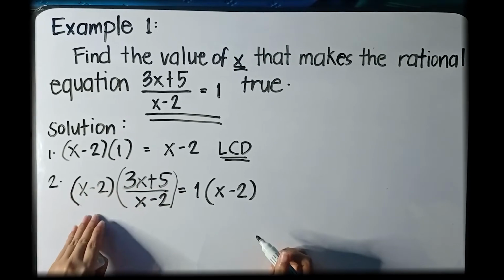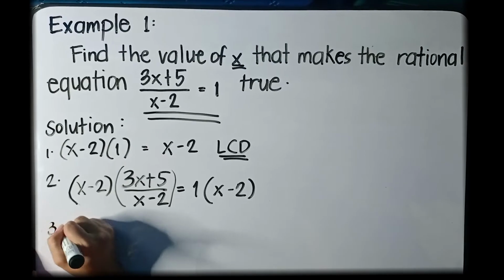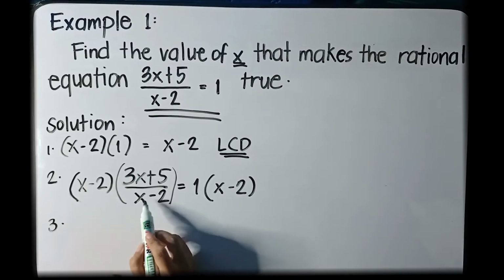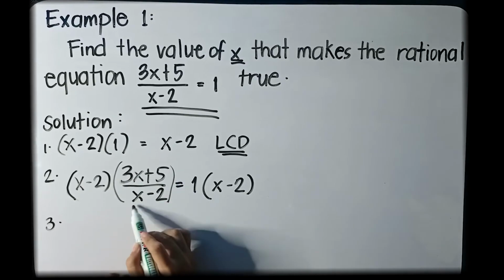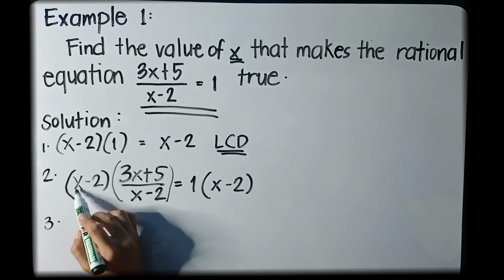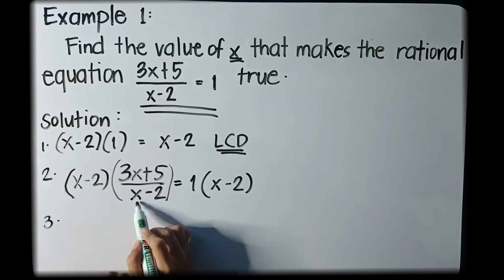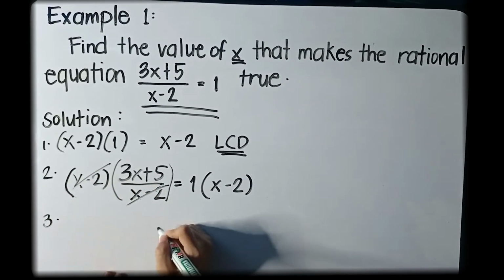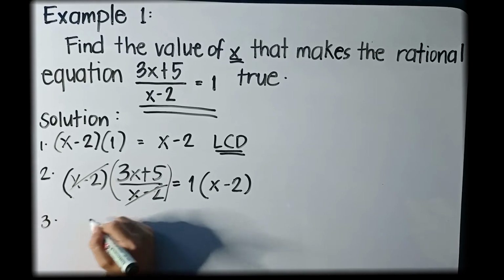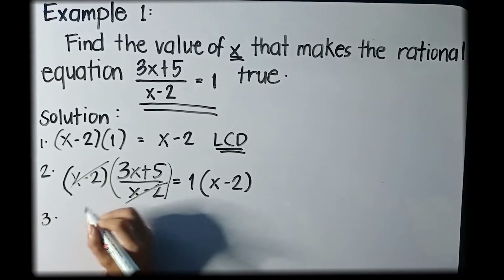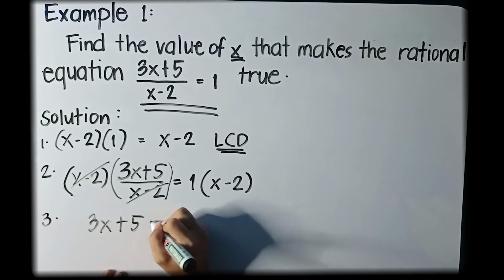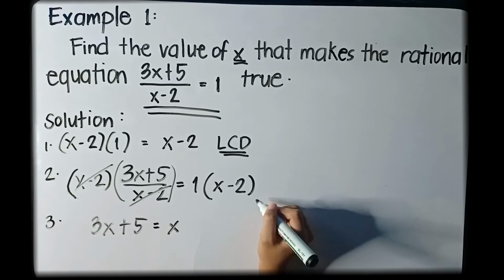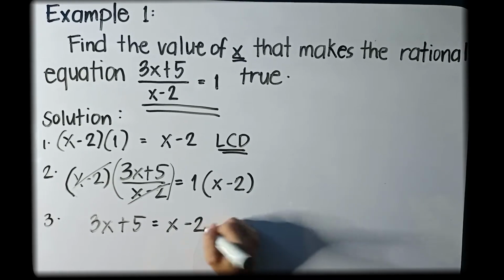We multiply x minus 2 times (3x plus 5) over (x minus 2). As we can see, we have x minus 2 here and also x minus 2 in the denominator, so it cancels out because x minus 2 over x minus 2 is equal to 1. So 1 times 3x plus 5 equals 1 times x, we have x, and 1 times negative 2, we have negative 2.